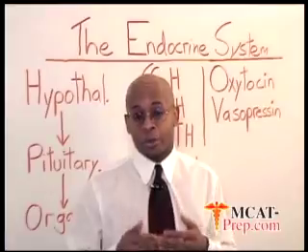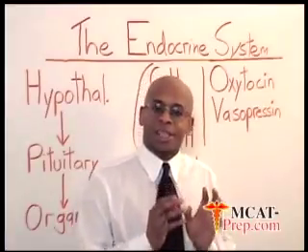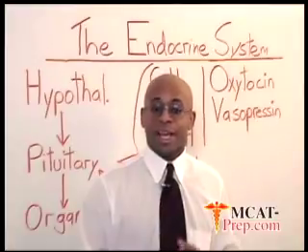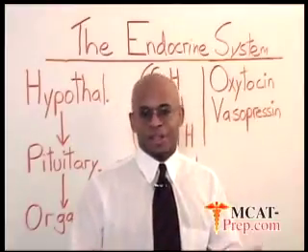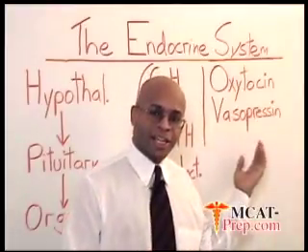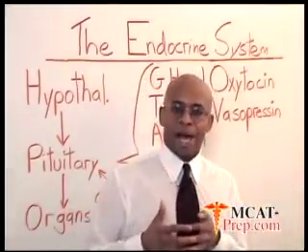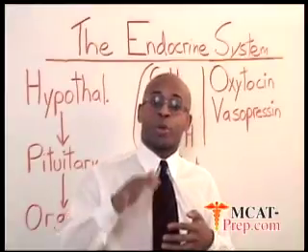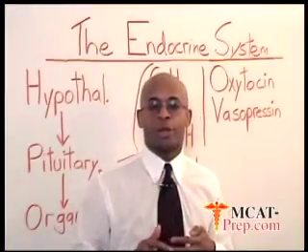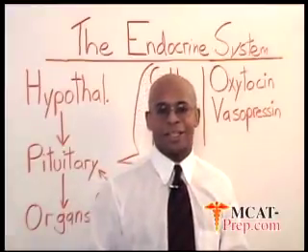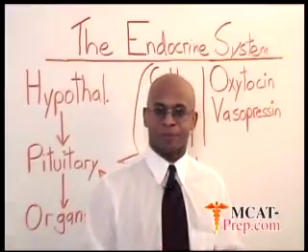Now, a diuretic is something that will increase urine flow. Anti-diuretic does the opposite. So ADH, or vasopressin, will bring fluid back into the body, thus reducing the amount of urine produced. We're going to look at where ADH acts later.